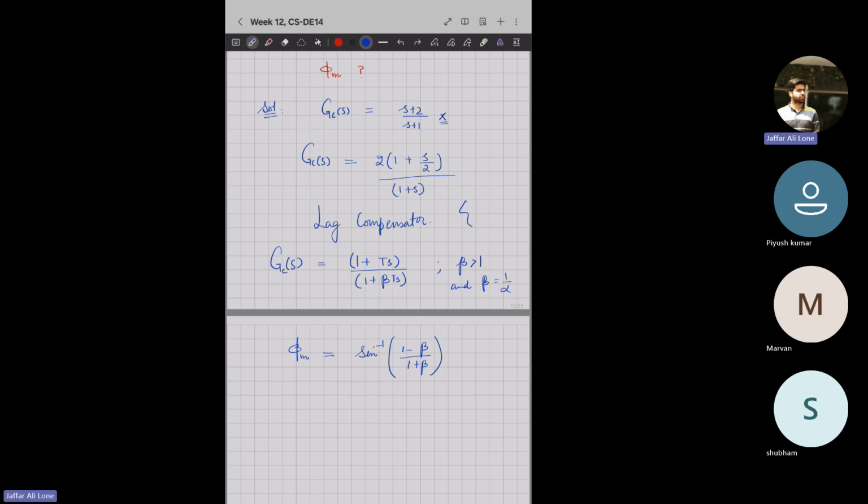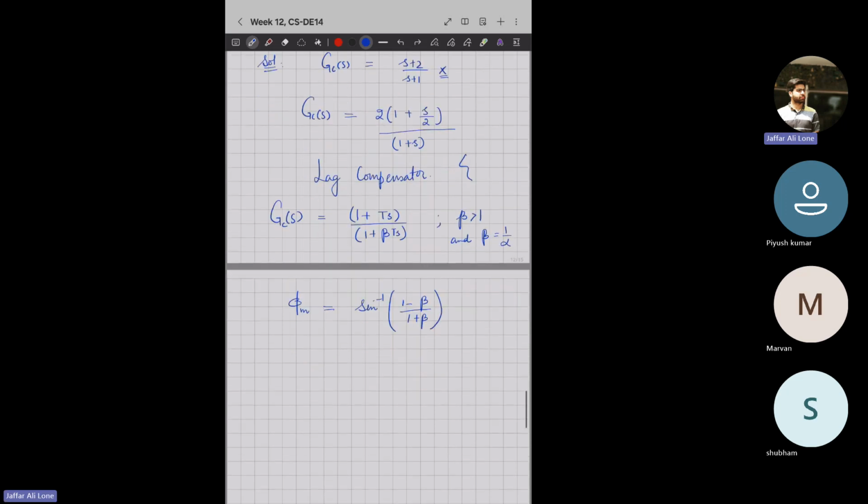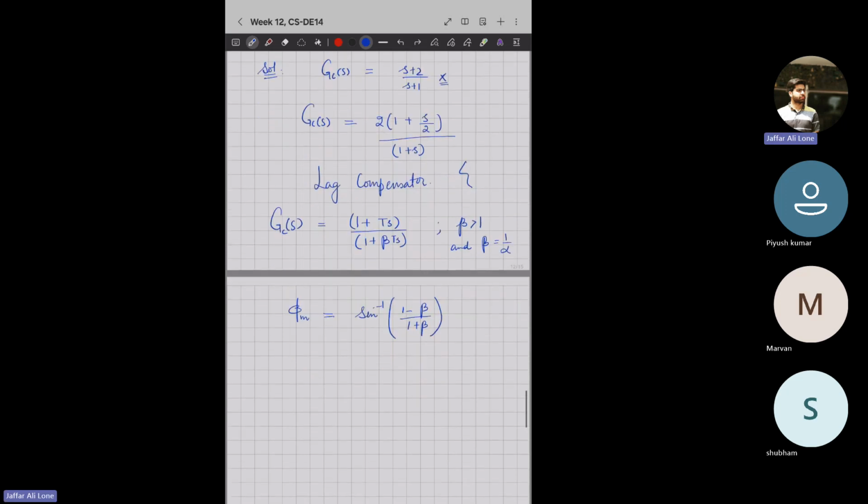Beta T you will get as 1, because in the denominator you see beta T is 1 into s. So beta T is 1, right? And T is 1 by 2, that is 0.5. It implies my beta is 1 by 0.5, which is 2.